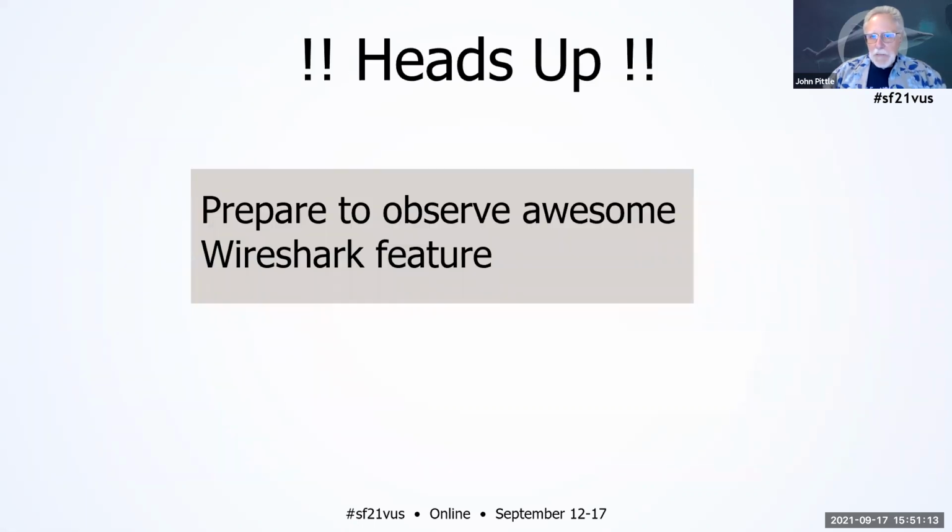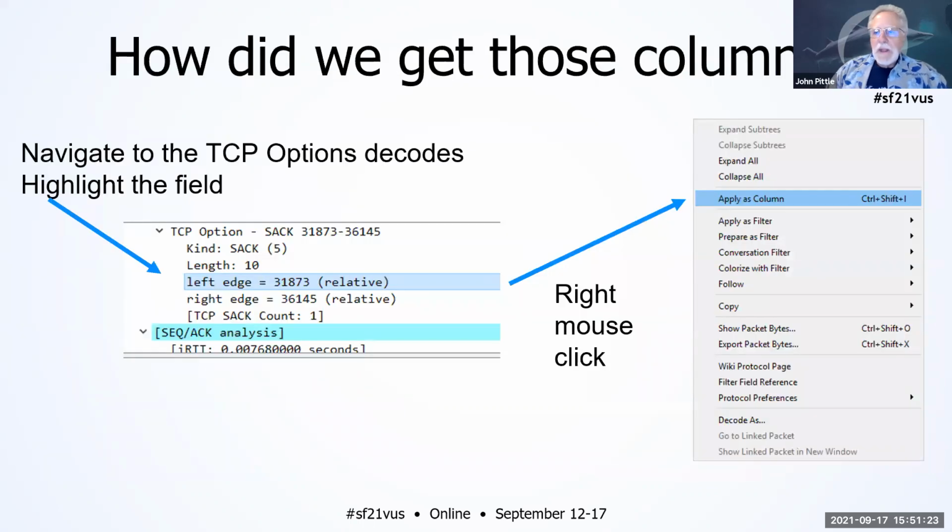Another heads up, doing several heads up in this presentation, prepare to observe some very awesome Wireshark features. I don't know how much everyone is using apply as column, but it's one of the most awesome things about Wireshark, being able to customize the decode columns the way that you want them. In this case, for SACK, it's super simple.